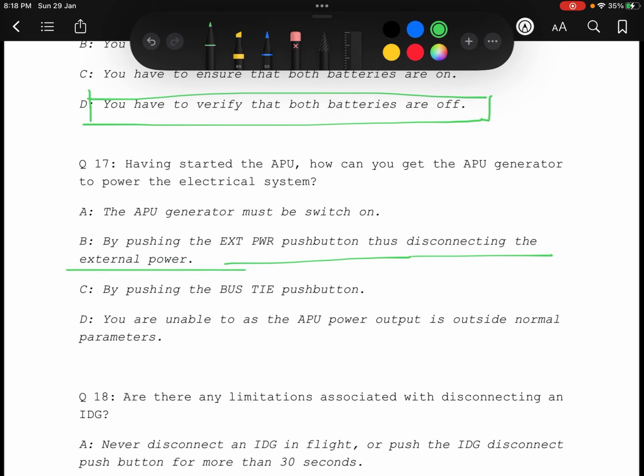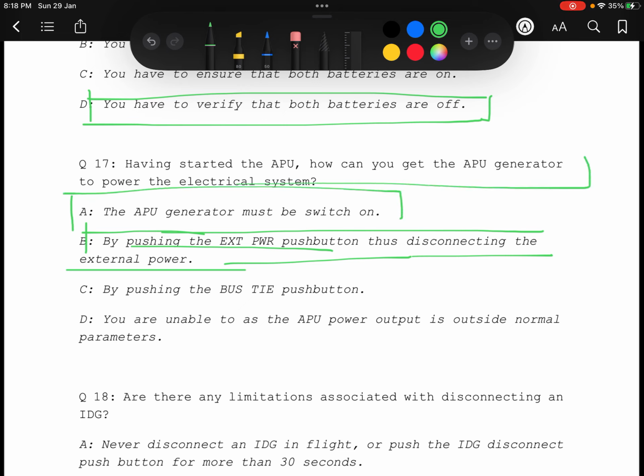This option Bravo seems more correct, because let's say external power has been connected with the aircraft and the aircraft is using external power, then by disconnecting external power, the priority goes to the engines and then the APU, right? So that's why you need to disconnect the external power.